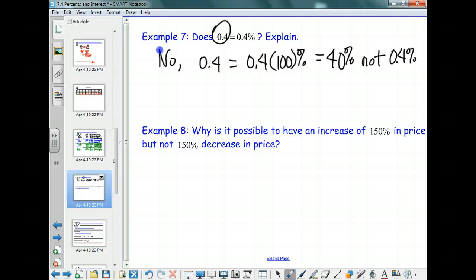Why is it possible to have an increase of 150% in price, but not a decrease of 150% in price? Okay, so let's talk about the increase first, Kayla, and then we'll come back to your issue about the decrease. Why can we have an increase of 150% in price? Can you give an example?